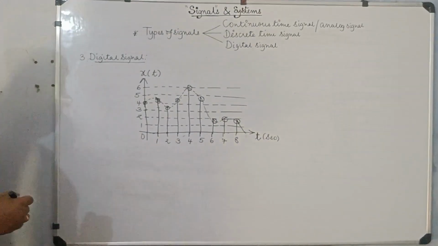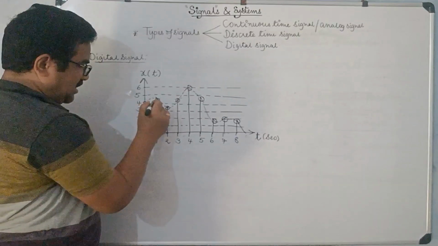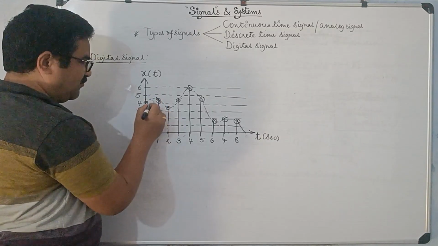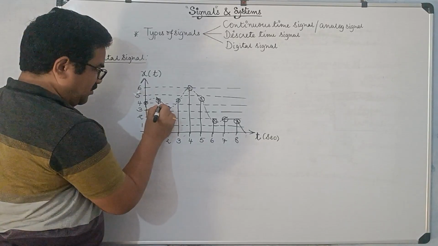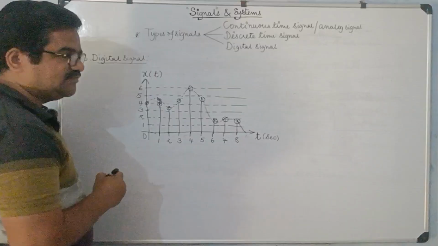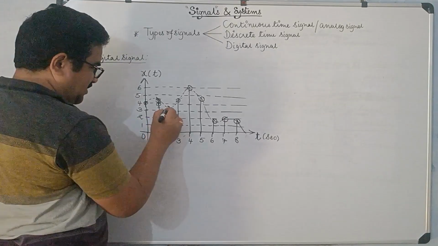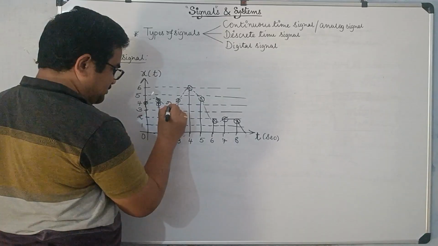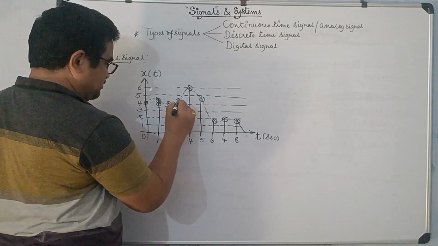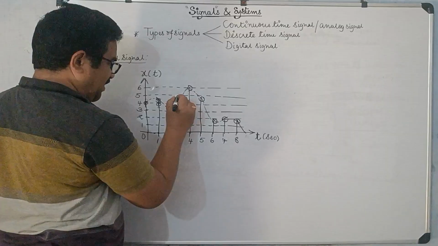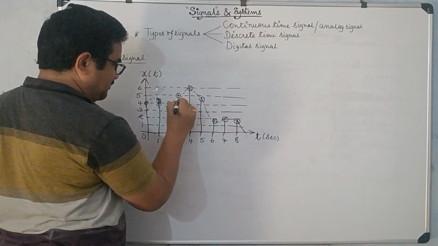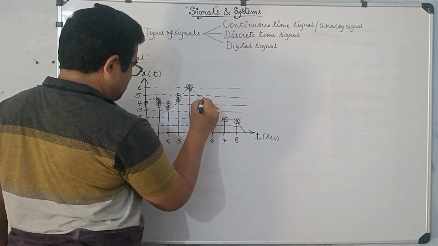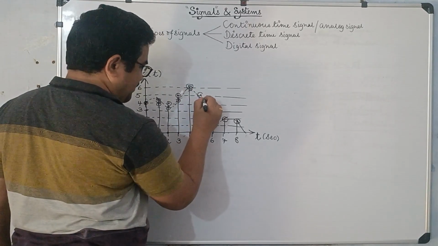Let us say I have an amplitude which is somewhere between 4 and 4.5. Then I'm going to round it to the nearest one, which is 4. Somewhere between 3.5 and 4, I will take the value as 4, and somewhere between 4.5 and 5, I will take the amplitude as 5. Somewhere nearer to 6, I will take the amplitude as 6. Somewhere nearer to 5, I will take 5.